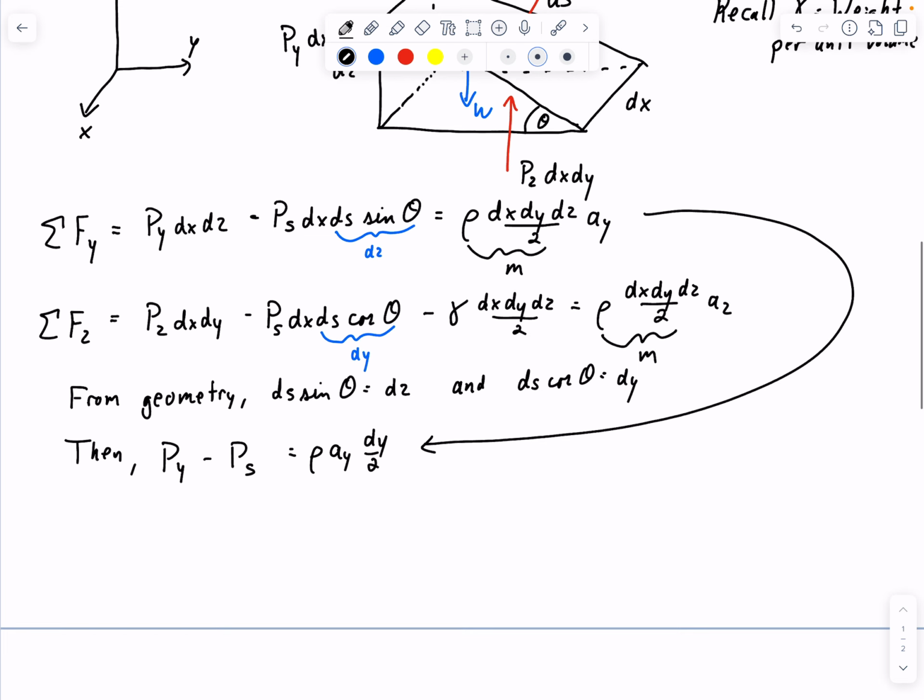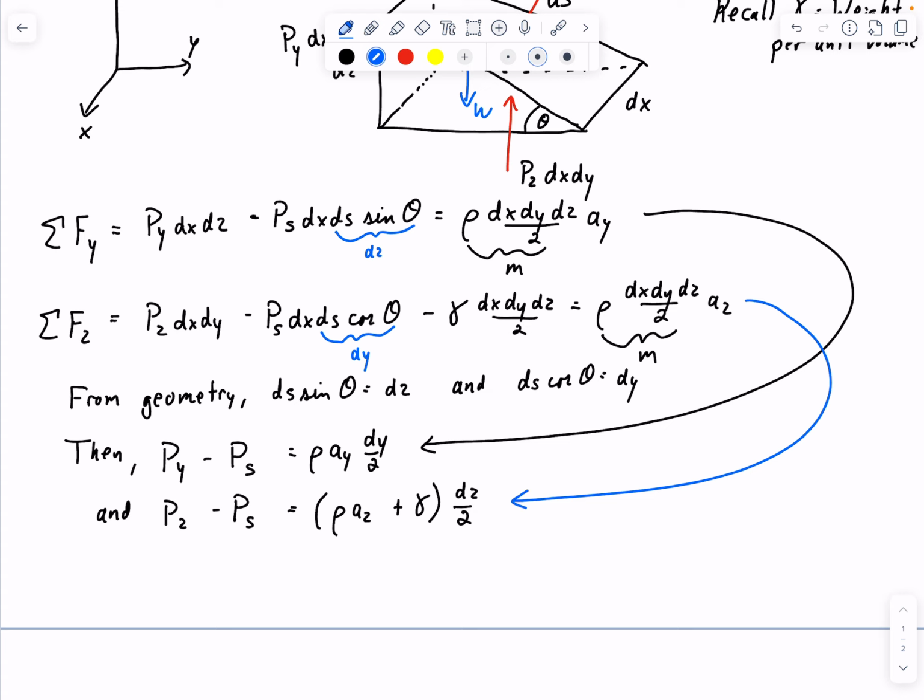Similarly, from the summation of forces in z, we have pz minus ps is equal to, and here we're canceling out and doing a little bit of rearranging, rho az plus gamma times dz over 2. And again, that comes from this equation right here, and we're just canceling out some of our terms and rearranging a little bit.